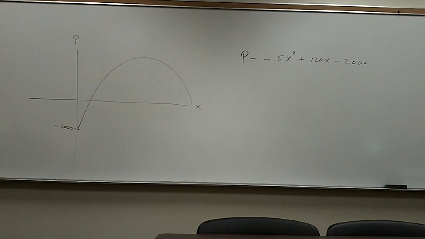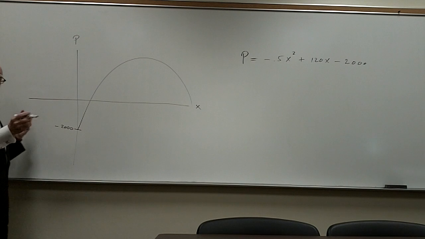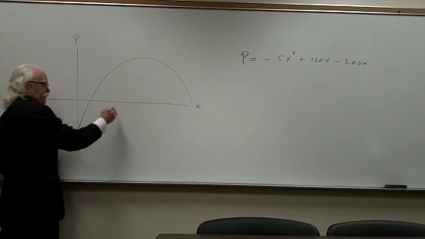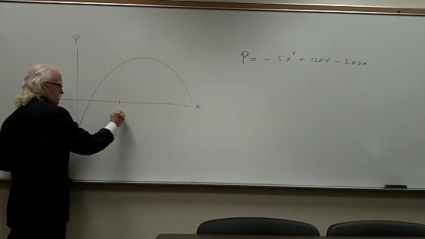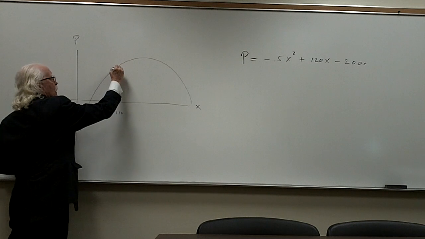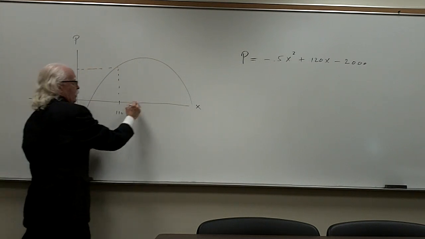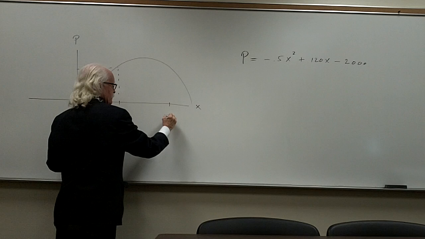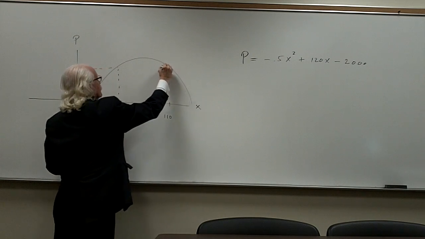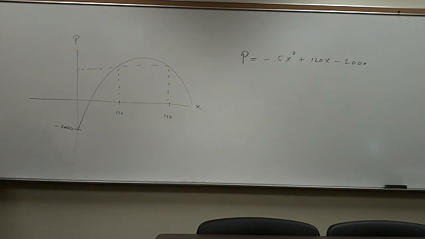So when they ask how much profit you're making when you build 110 bicycles, you don't have a clue where the 110 is located. Is 110 located there, or is it located there? Do you see what I'm saying?